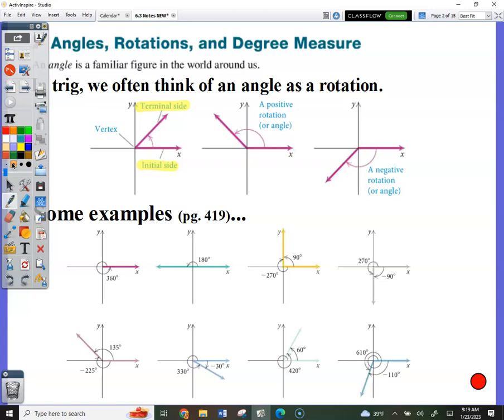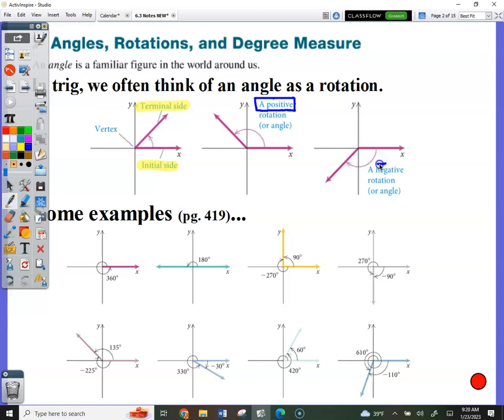This purple example here, you've got your initial side, it's opening up, it's landing here, your terminal side. This is a positive angle rotation, positive. Notice here, you have your initial side, but instead of opening up, it's opening down.